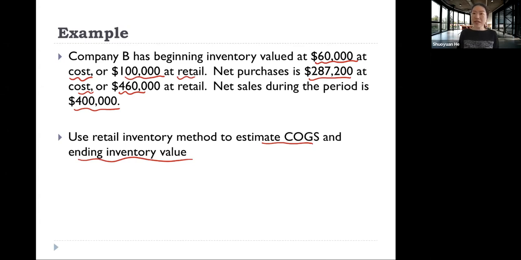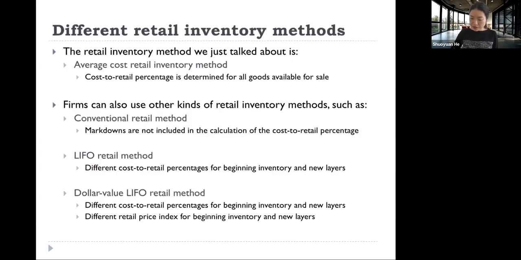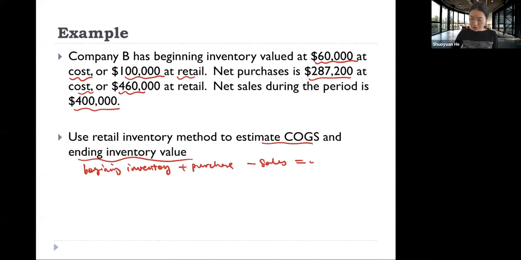So how do we do this example? So again, let's write out the formula: the beginning inventory plus purchase minus sales equals the ending inventory. And then we can have those both at cost or at retail.